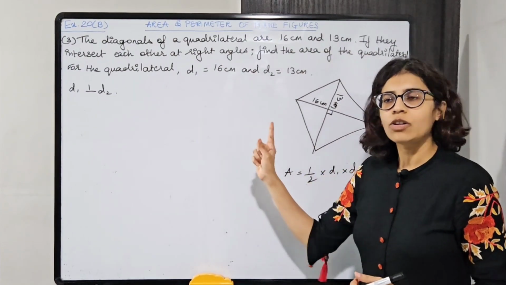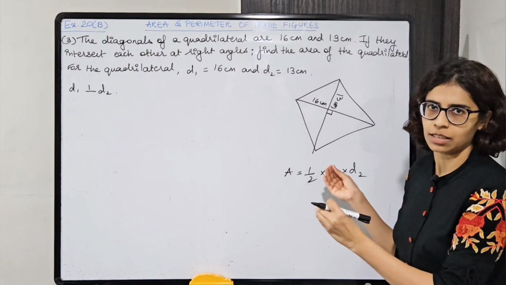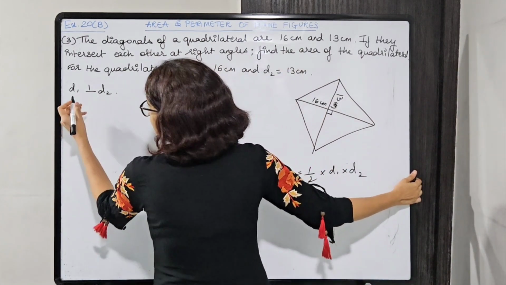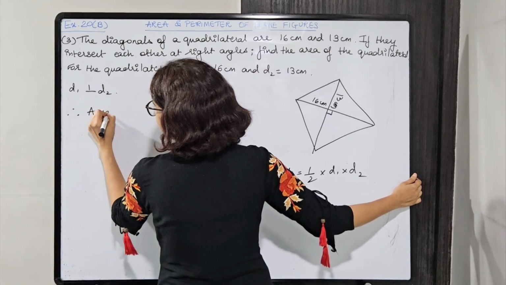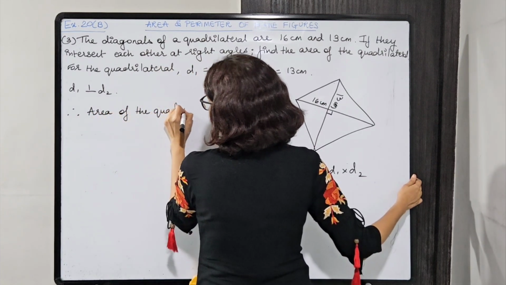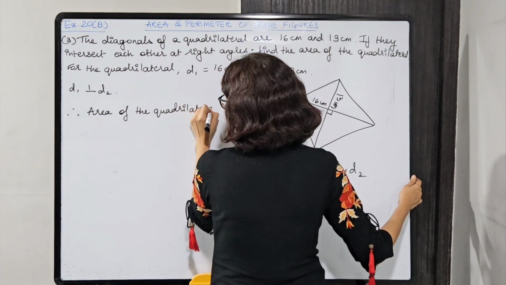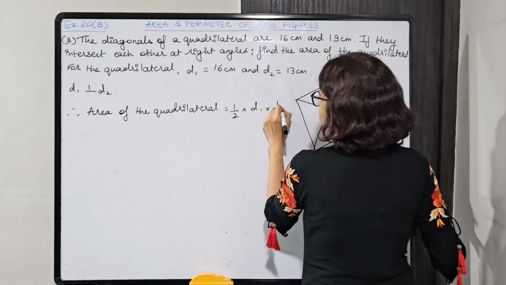Since they are perpendicular, you can apply this formula. अगर perpendicular नहीं होगा तो apply नहीं कर सकते हैं. So D1 is perpendicular to D2. Therefore, area of the quadrilateral is half into D1 into D2.